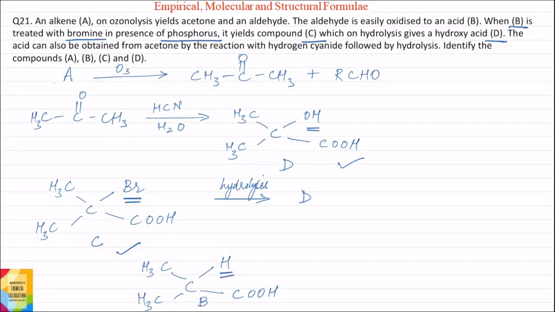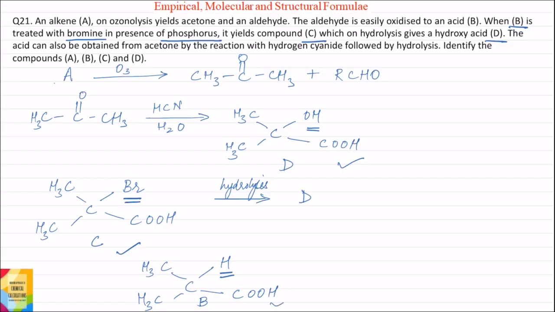COOH is the functional group, the carbon attached to the functional group is the alpha carbon, and the hydrogen attached to the alpha carbon is the alpha hydrogen. So when this compound B containing alpha hydrogen is made to react with bromine in the presence of phosphorus, this alpha hydrogen gets substituted by bromine, forming compound C.